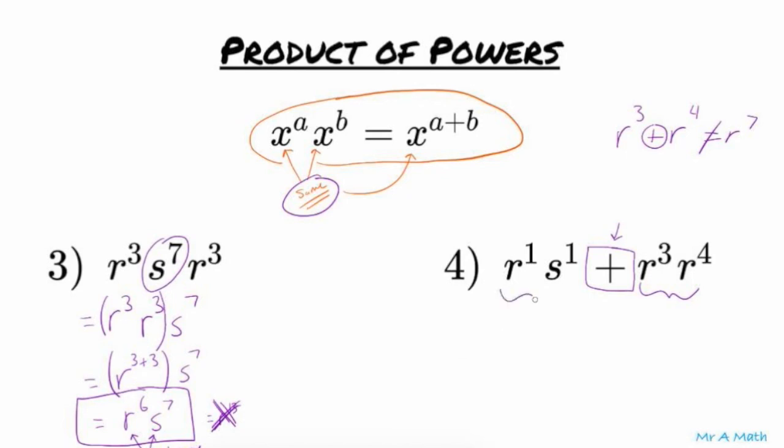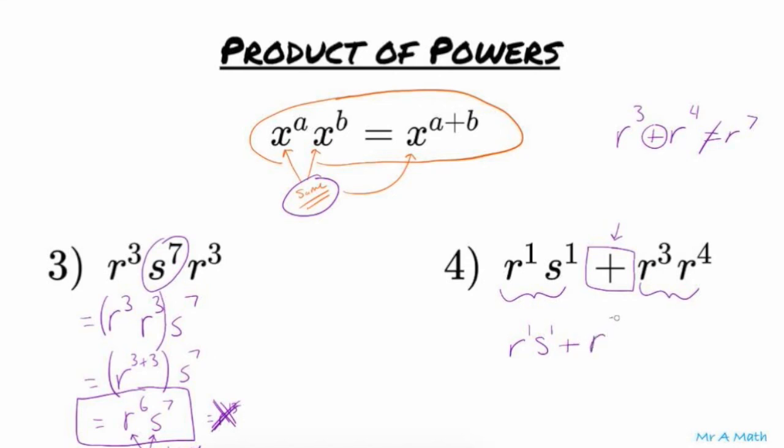So over here, I can't really simplify this down any further because there aren't any bases that are the same for me to combine the exponents. So this is just going to stay as r to the 1 s to the 1 plus, now these are two bases that are the same that are being multiplied together.